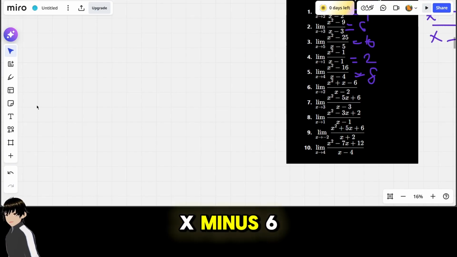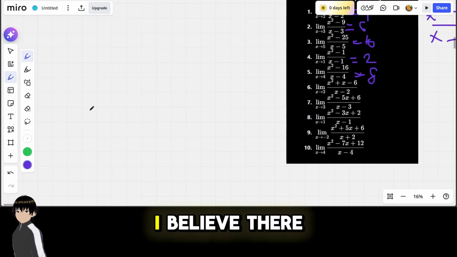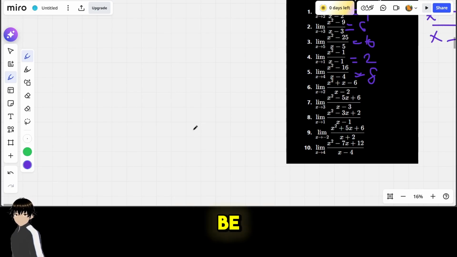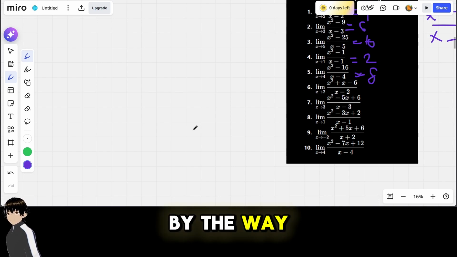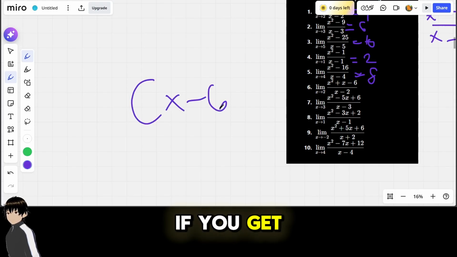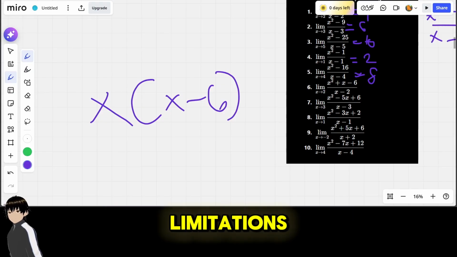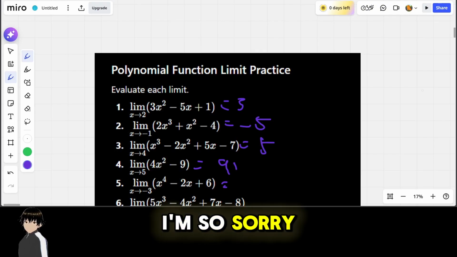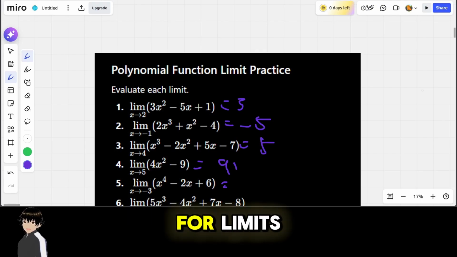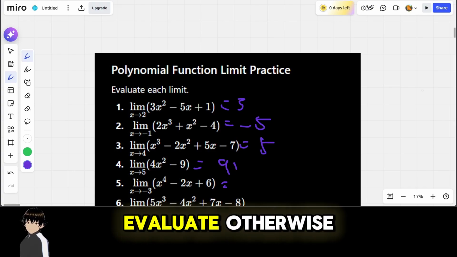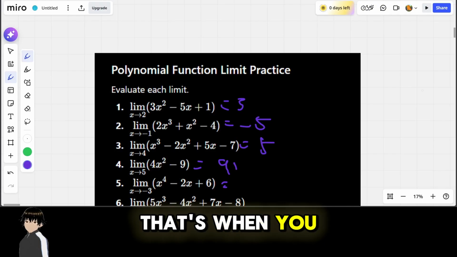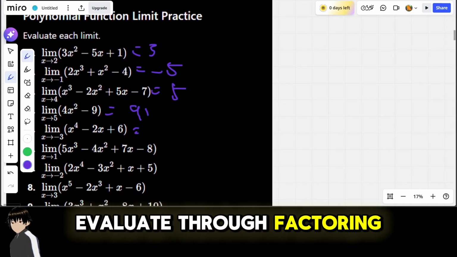Since we have x minus 6... By the way, if you get 0 over 0 when you're solving for limits, that's when you evaluate through factoring.